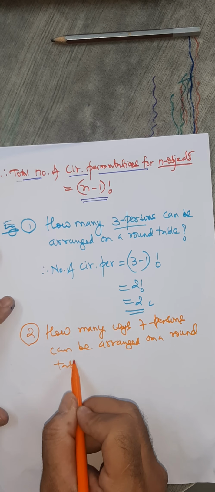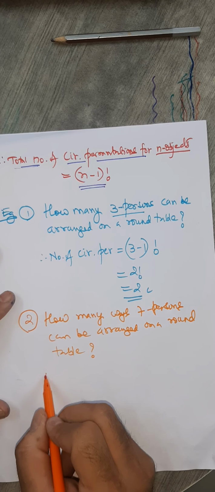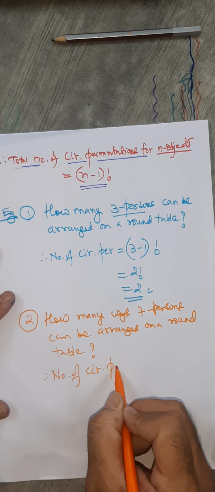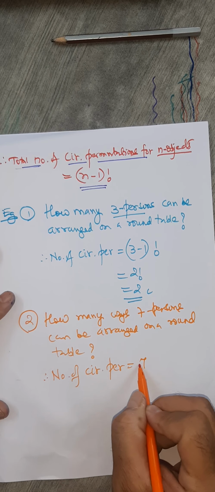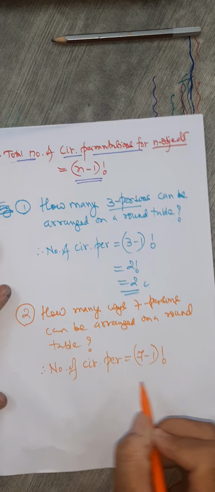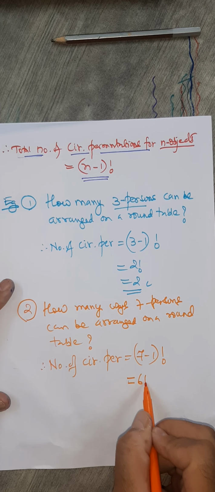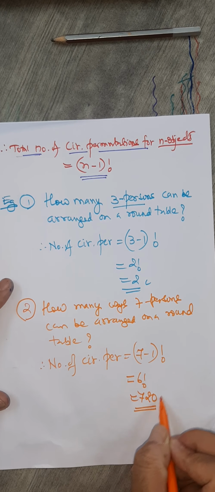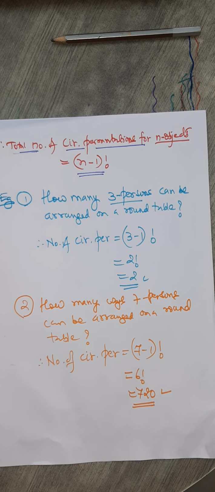So this is a question of circular permutations. So here number of circular permutations equals to 7 minus 1. That is nothing but what? 6 factorial. And you know this is nothing but 720. Right? So this is one concept about circular permutation, just for your information.